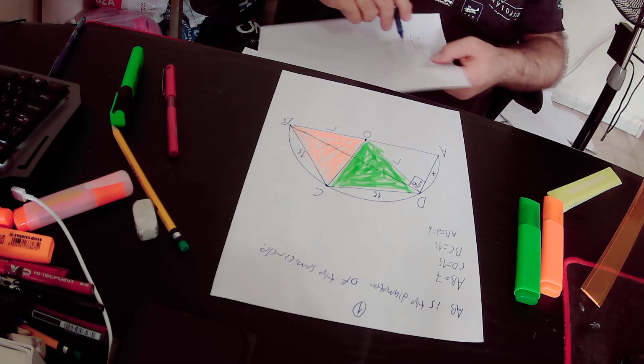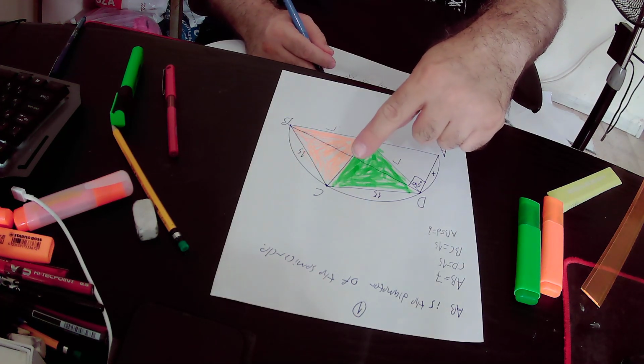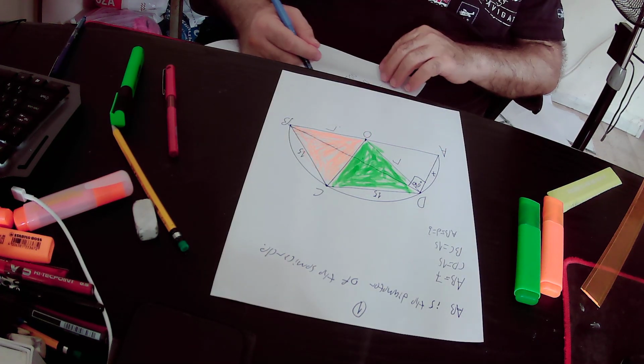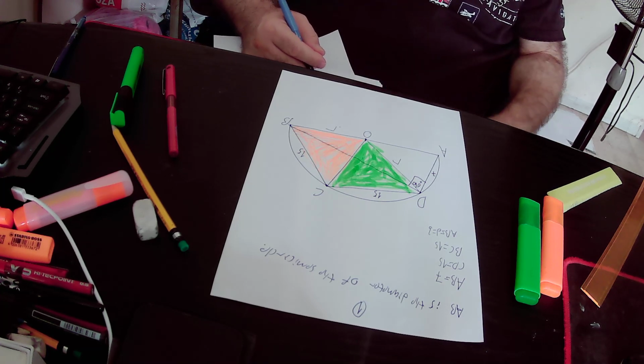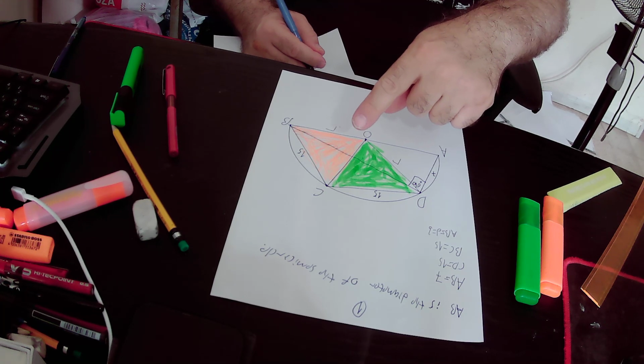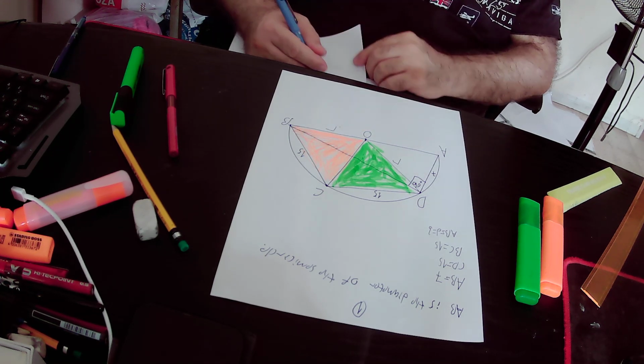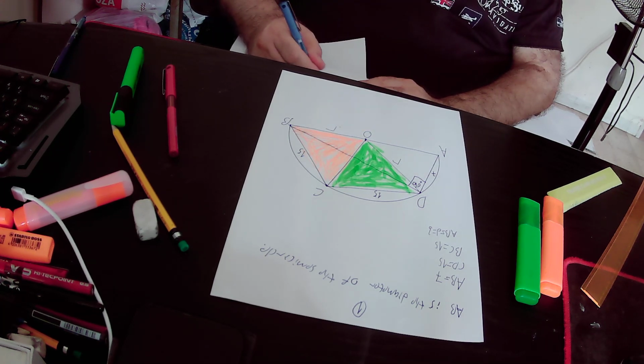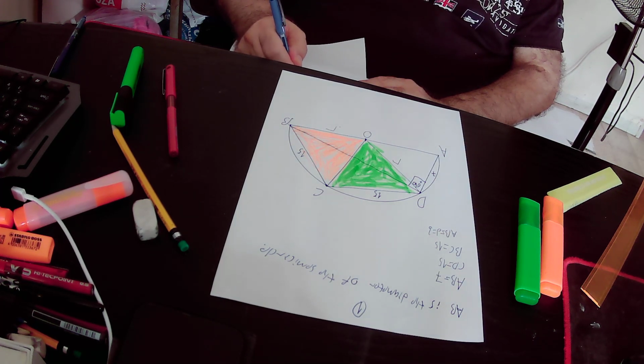And also OC is a common side. It belongs both to the green triangle and to the orange triangle. So OC equals OC. Actually, it is a common side.